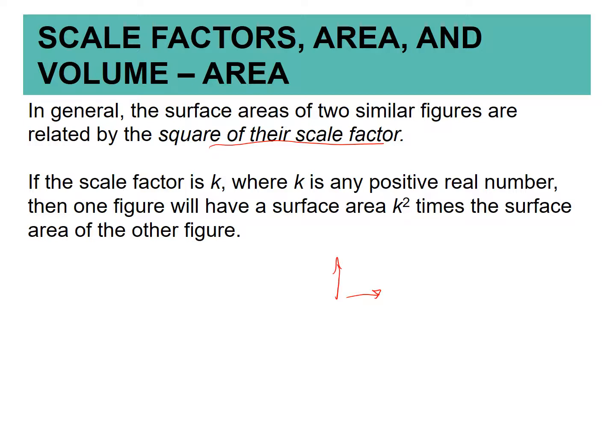If your scale factor is 2, you're multiplying by 2 in this direction and by 2 in this direction. So the area is multiplied by 4 to get the area of the new figure. If you're looking at the volume, you're multiplying in 3 directions.